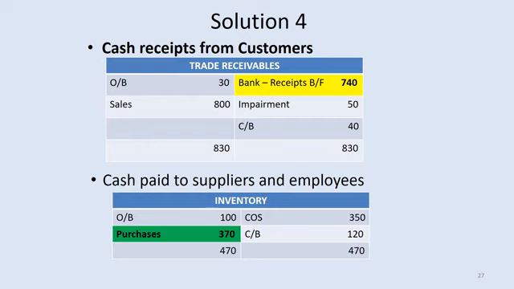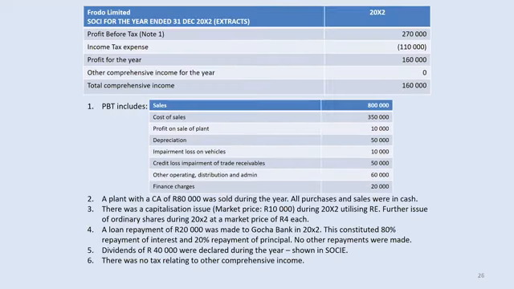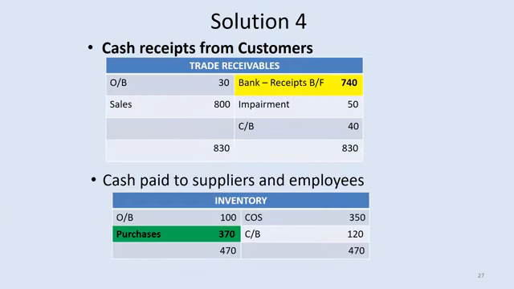If we think of the sale of an item, it is going to be debit bank, credit sales, and the second leg of that transaction is debit cost of sales, credit inventory. Okay, so let's get our cost of sales. It's 350,000 Rand as included in additional information number 1. Okay, we've got all the information we require from inventory to determine what our purchases were for the year, 370.